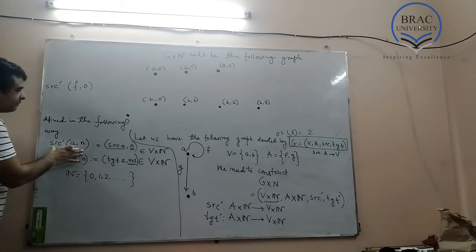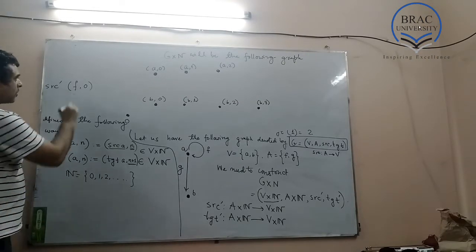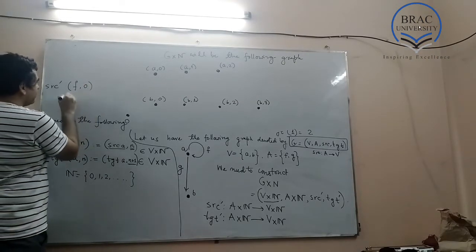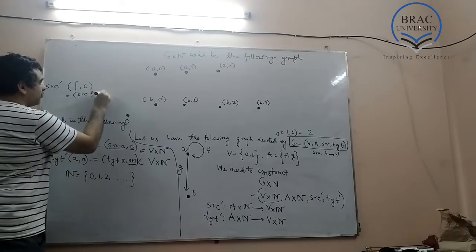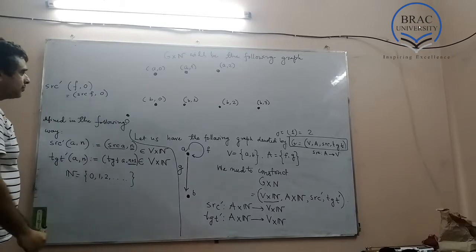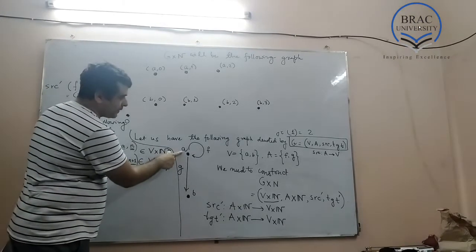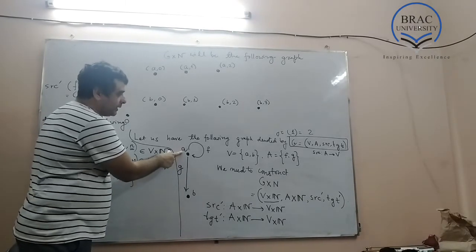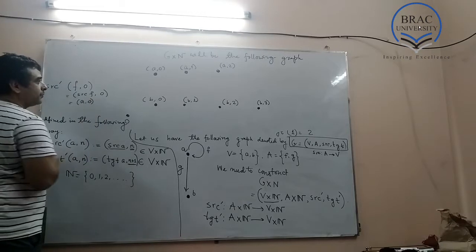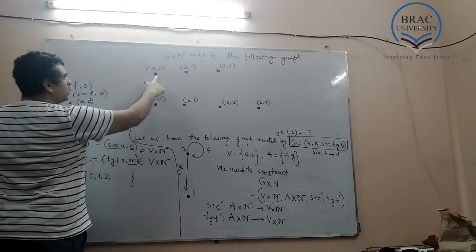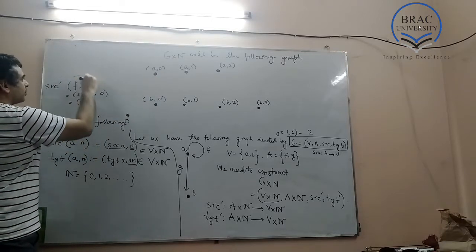By the definition of this source prime map, we immediately figure out that the source of this is going to be SRC F comma 0. And what is the source of F? The source of F and the target of F are both A. This is going to be A comma 0. So A comma 0 is going to be the source of F comma 0.